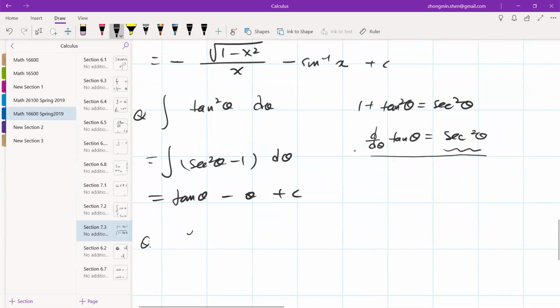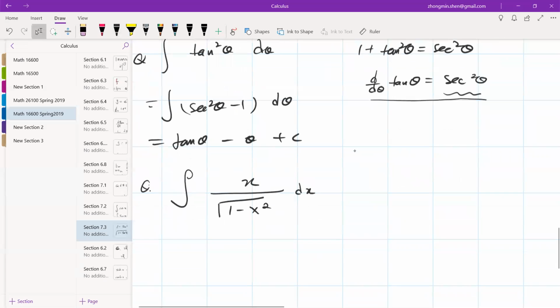So our next problem is this. How do we evaluate this integral?